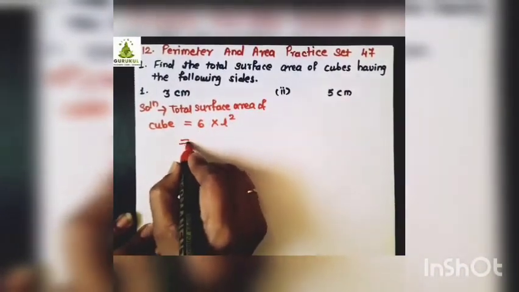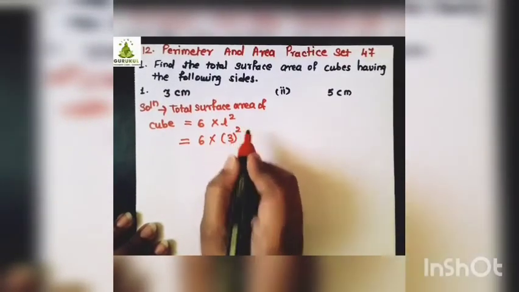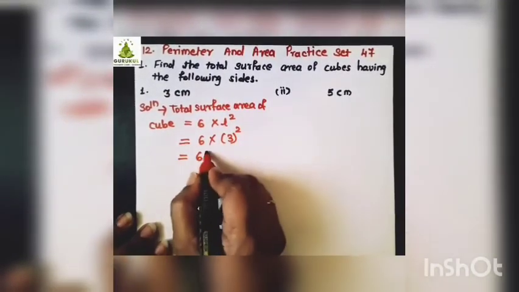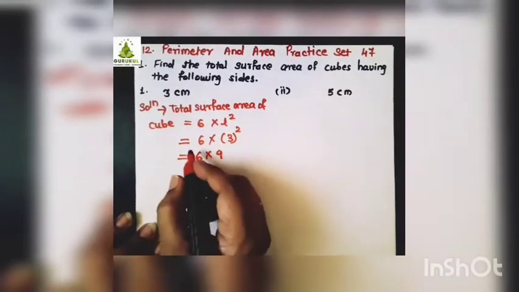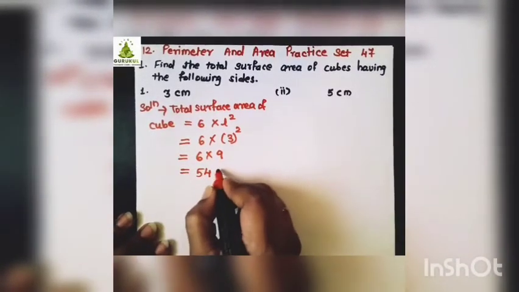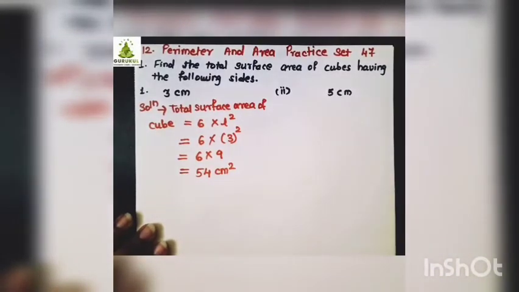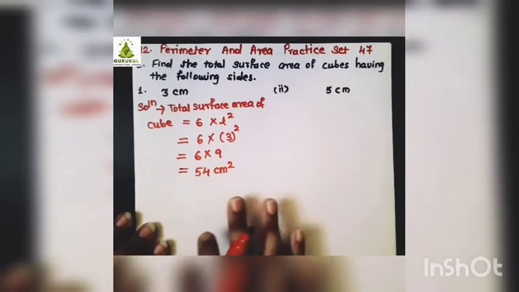So what is L over here? 3. 3 square is 9. So what will be the answer? 9 sixes are 54 centimeter square, or meter square, anything you can write.